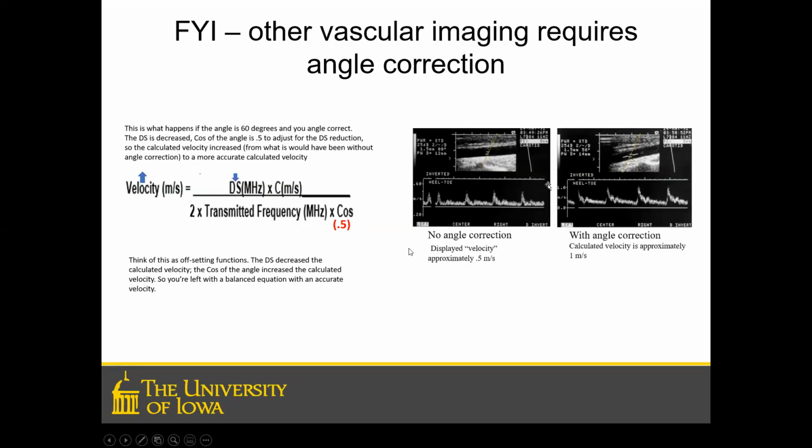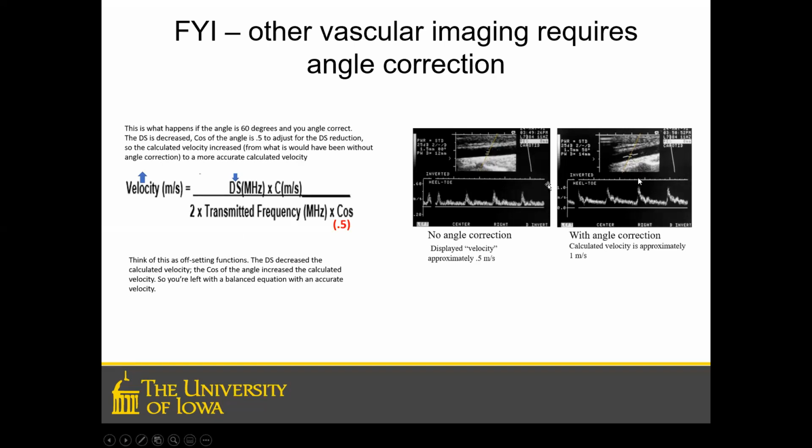I put this slide in here just because I think it's somewhat helpful if you know a little bit about what other areas of ultrasound imaging do. And this is what happens in peripheral vascular. So in peripheral vascular imaging, we can't get 0 degrees. It's impossible. So what we do in that scenario is an angle correction.